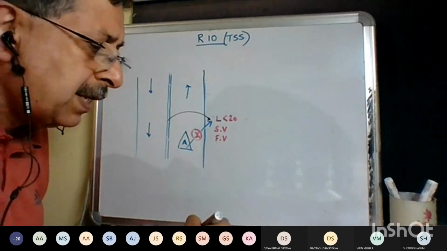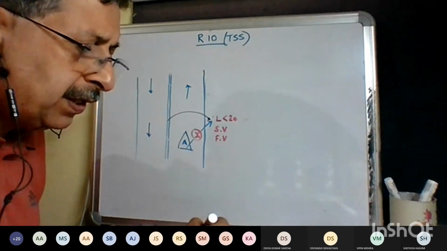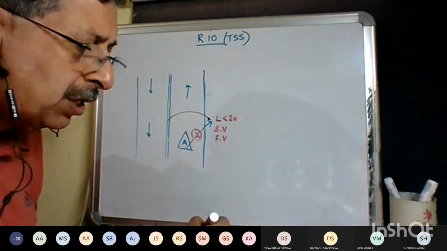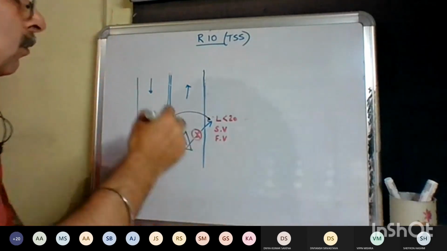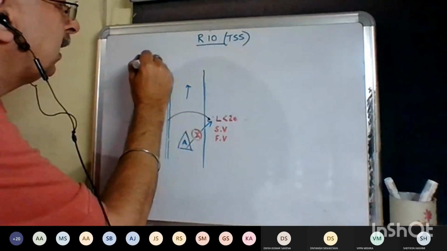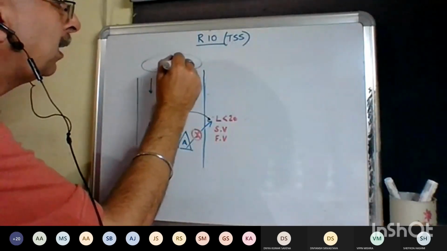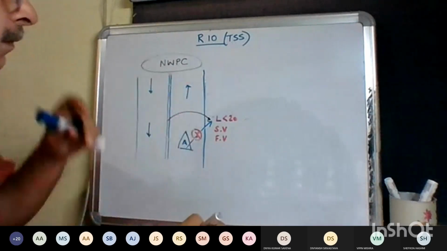Next, vessels navigating in or near areas near the termination of traffic separation schemes shall do so with particular caution. So when I am over here in this area, I shall navigate with particular caution.